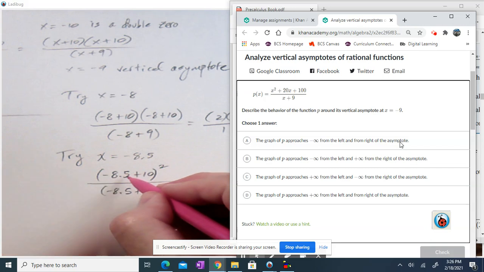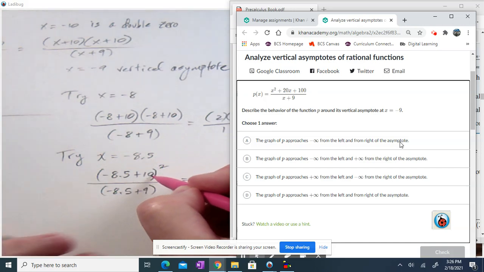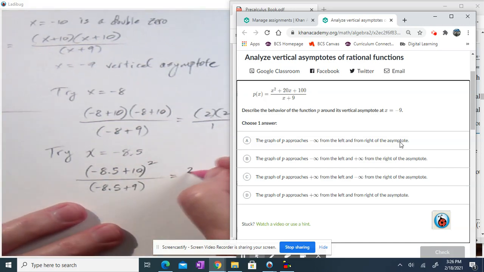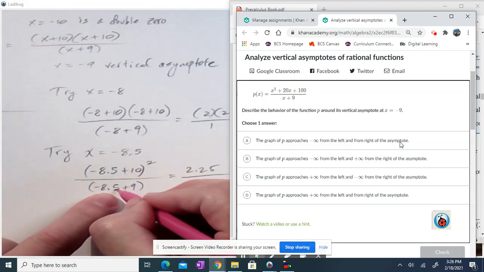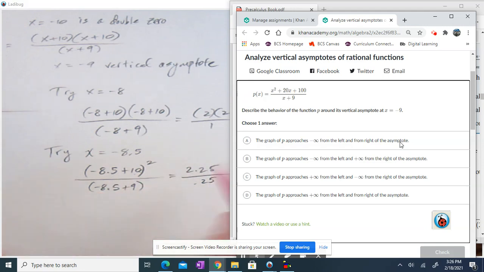That's 1.5 times 1.5, which I think is 2.25, over a half squared, which is 0.25. Dividing by 0.25 is like multiplying by 4, because 0.25 is 1/4.